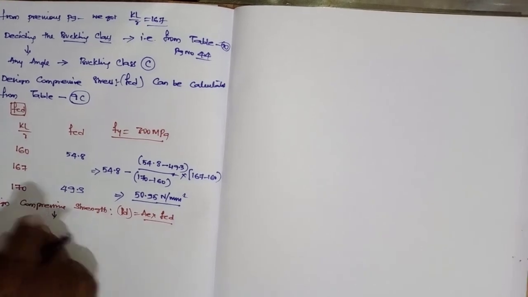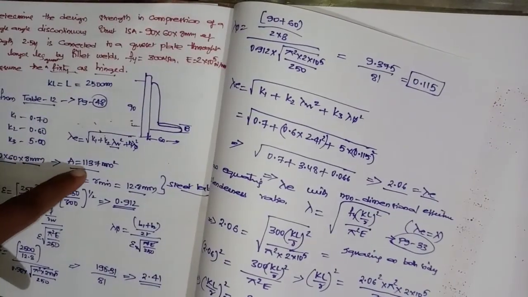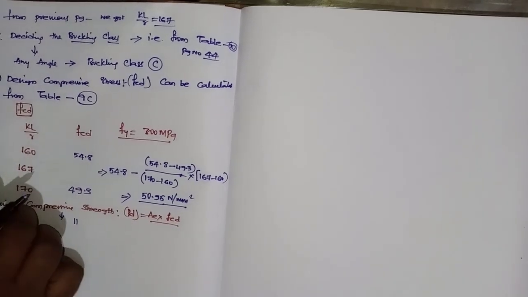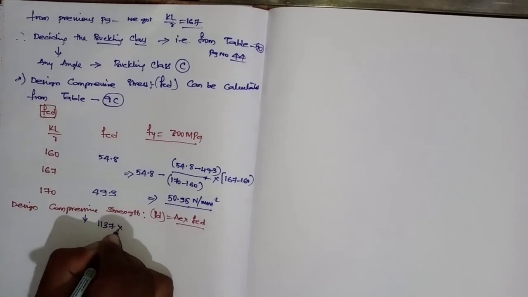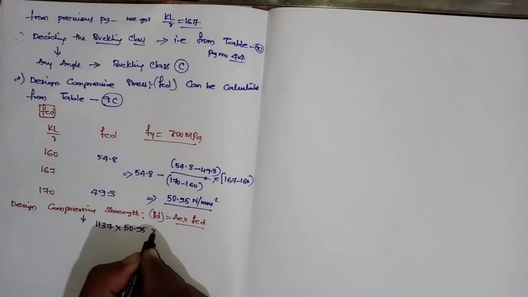From the steel table, 1137 mm square, into FCD, which you arrived at as 50.95.